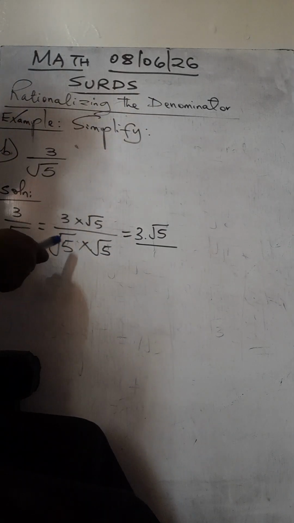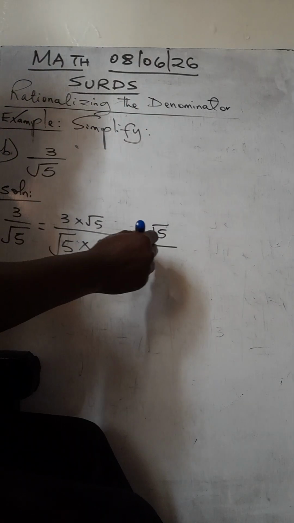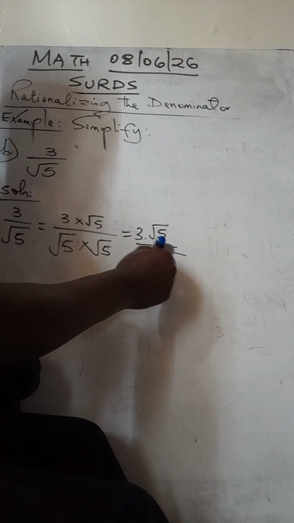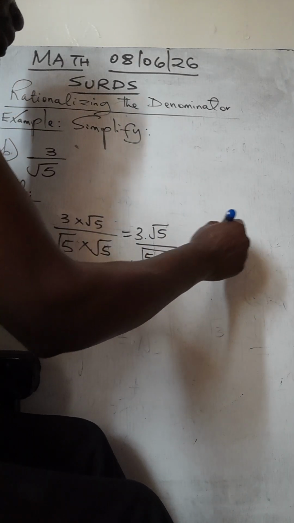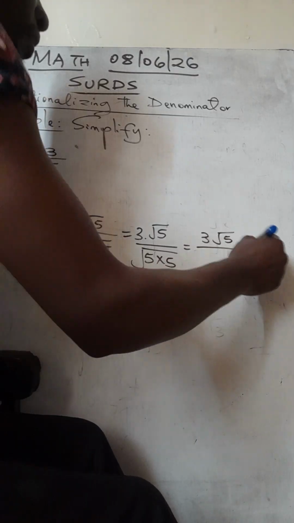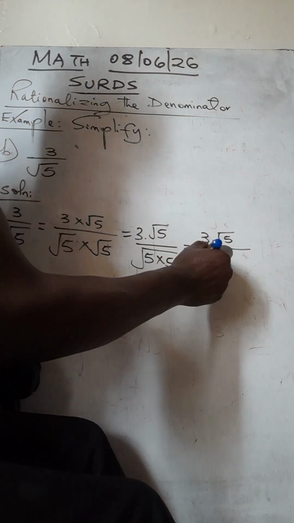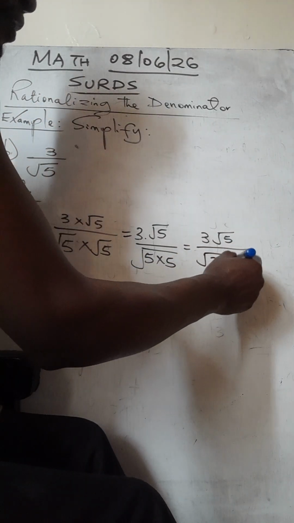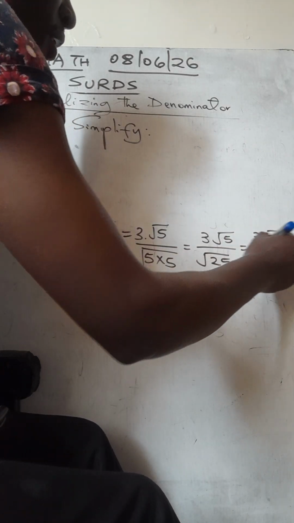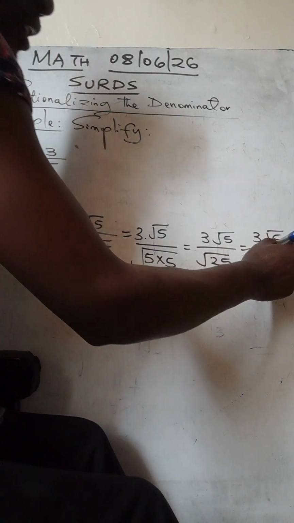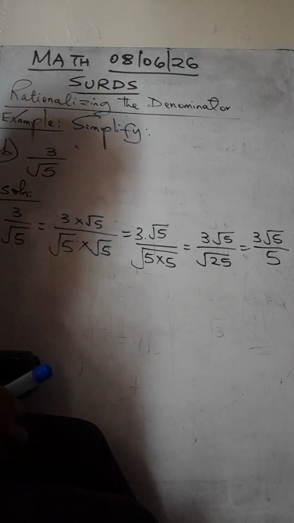3 times root of 5, you get 3 root 5. Then root of 5 times root of 5 is the same as 5 times 5 under the root sign. So we have 3 root 5 over, this time, root of 25, or square root of 25, which is 5. What have we done here?